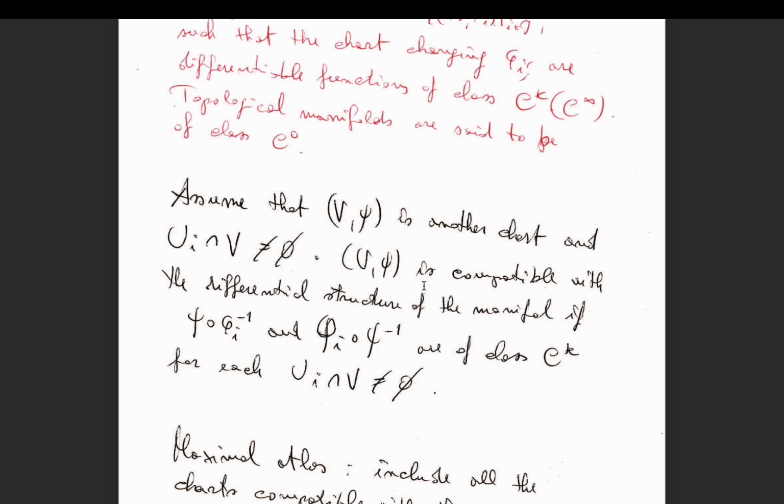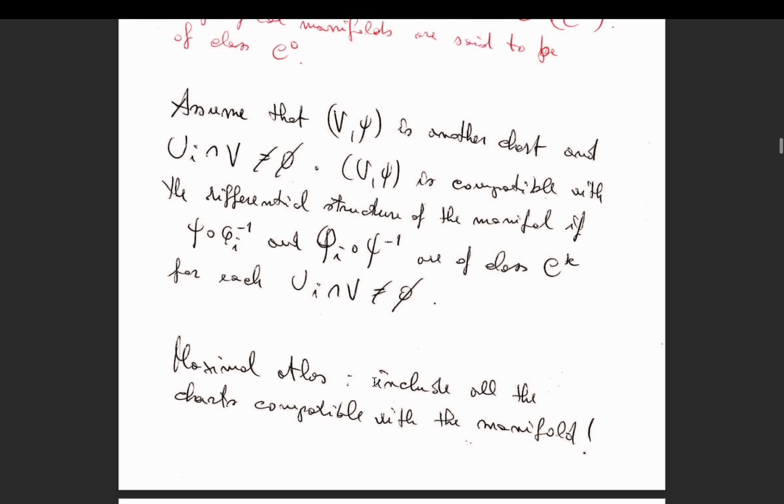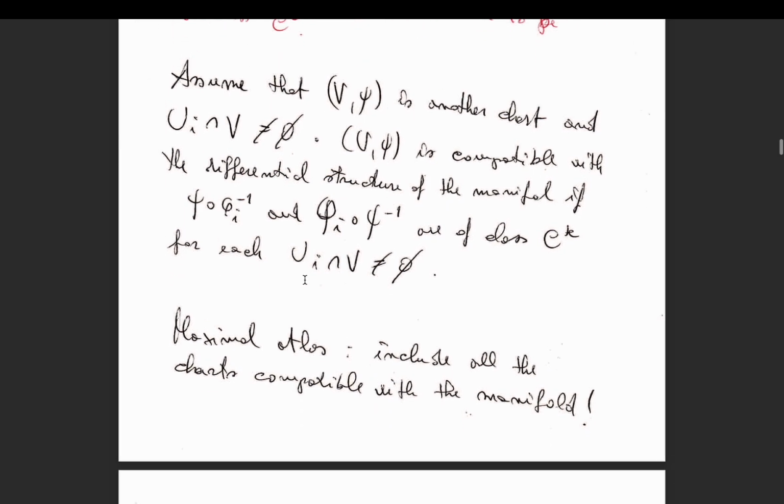Now we say that (V, psi) is compatible with the differentiable structure of the manifold just in case the maps phi_i composite psi^{-1} and psi composite phi_i^{-1} are of class C^k for each phi_i such that U_i intersects V. If this holds, then (V, psi) is compatible with the differentiable structure of the manifold.